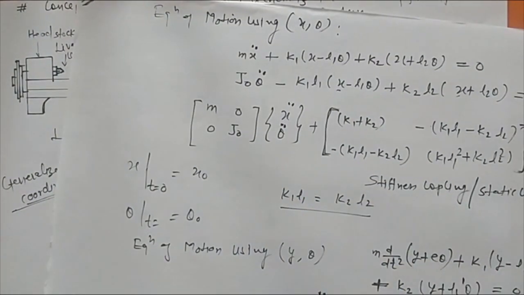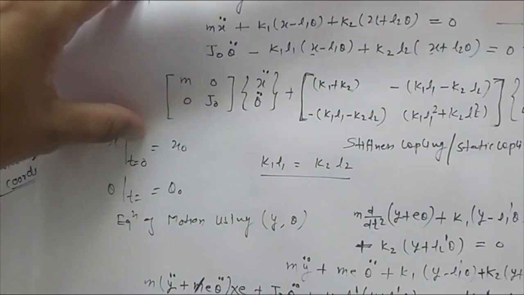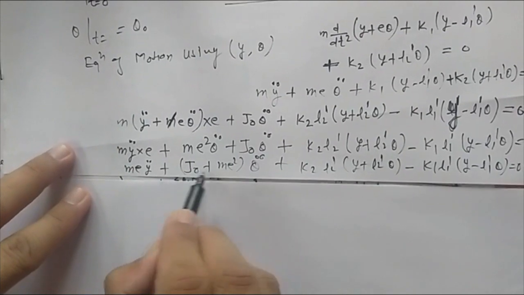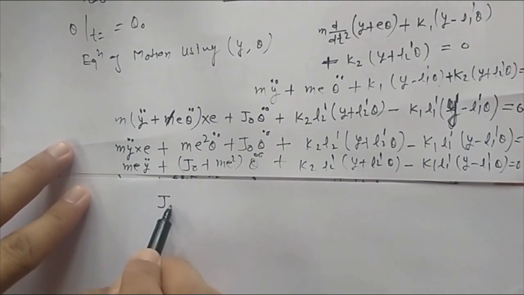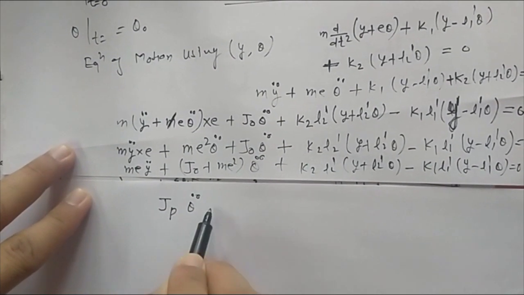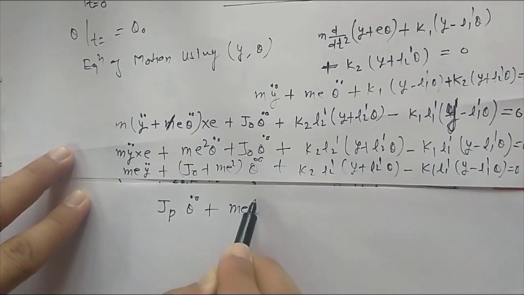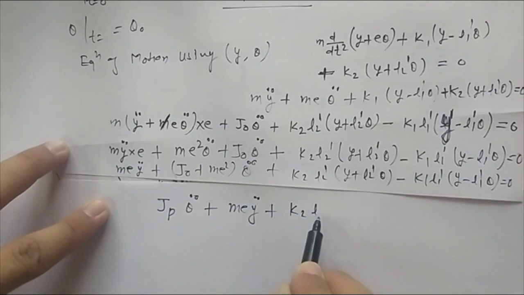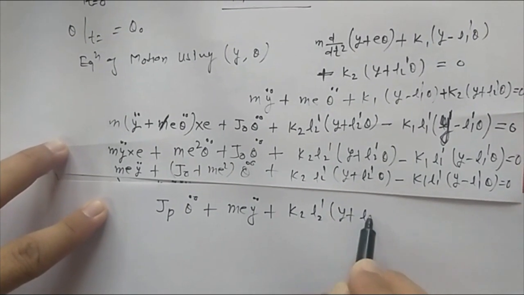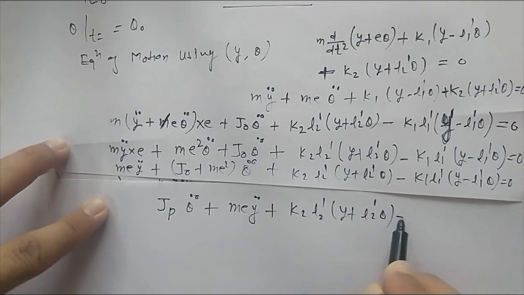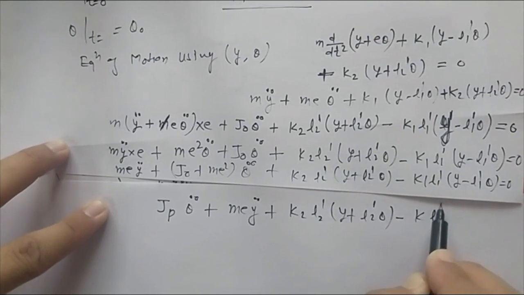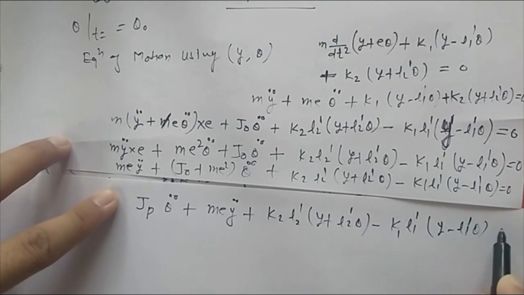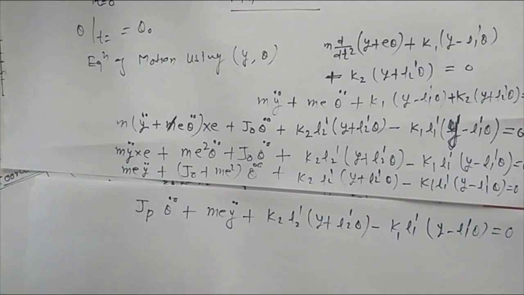So this equation becomes Jp theta double dot plus m e y double dot, plus these two terms, k2 L2 dash y plus L2 dash theta, minus k1 L1 dash y minus L1 dash theta, is equal to 0.